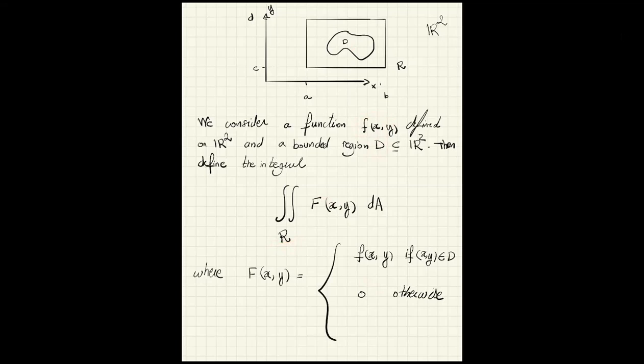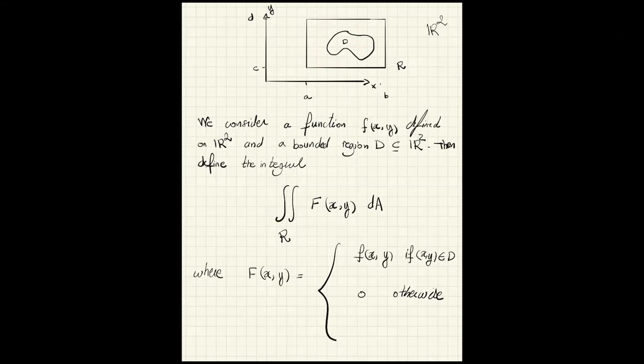So that's the integral of a function over a domain D. But concretely, what does it mean? Concretely, it means that you only consider the function here, because otherwise it's 0 outside. Here it's 0, but here it's equal to f(x, y).